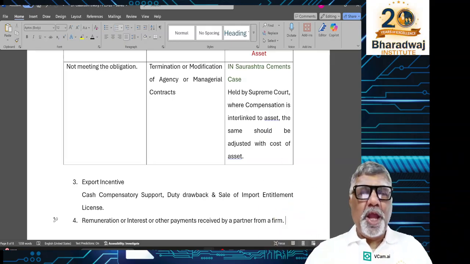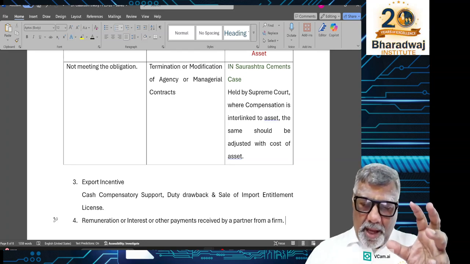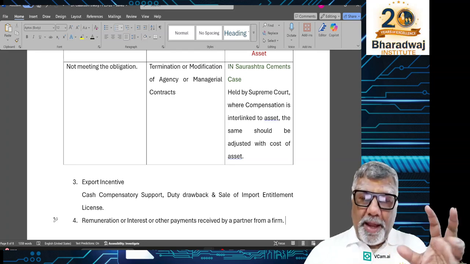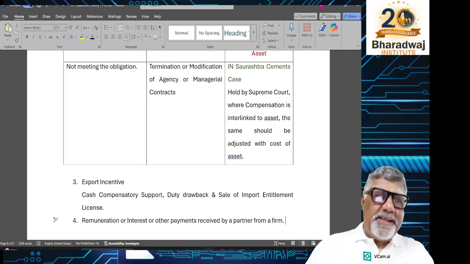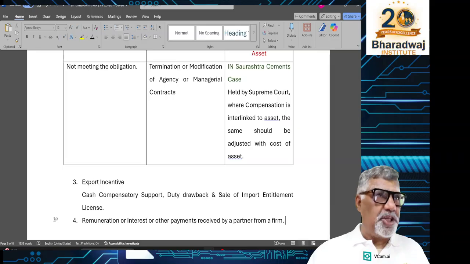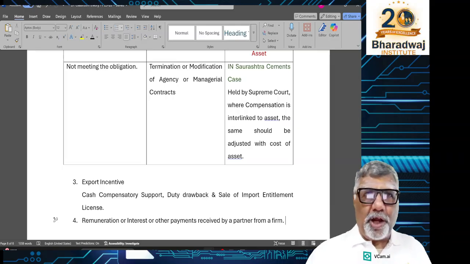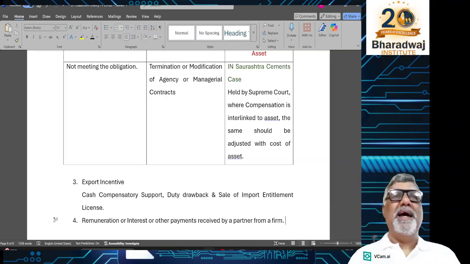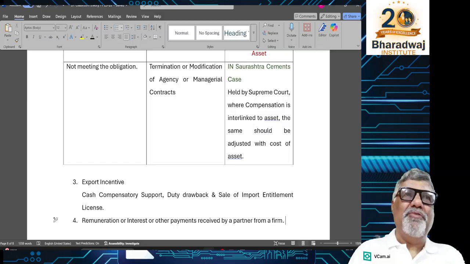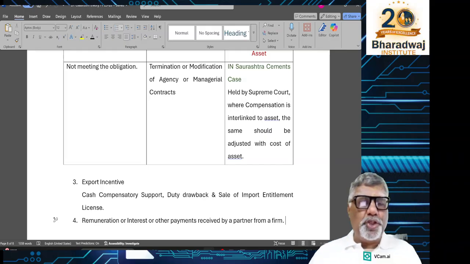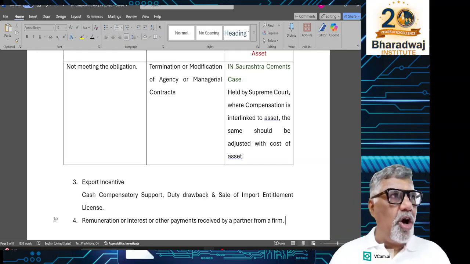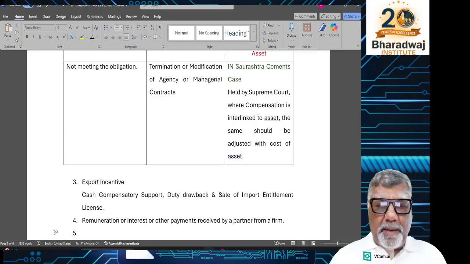But between the partners and the firm, there is no employer-employee relationship. And there it is allowed as a business expenditure under 40B. Here it is taxable as business income for the partner: remuneration or interest or other payments received by a partner from a firm.